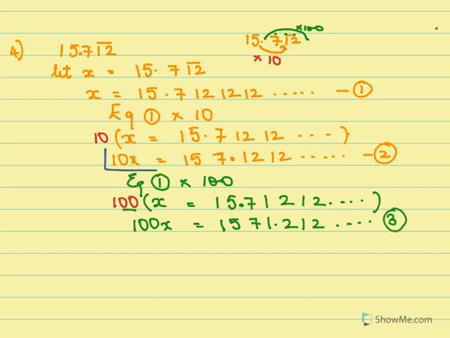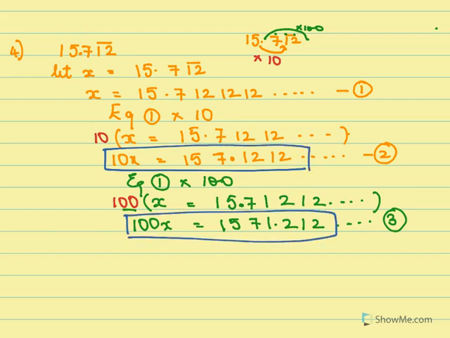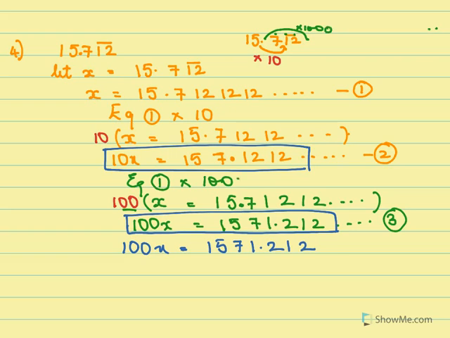Now I take both equations, equation 2 and equation 3, and let me subtract. So I have 100x equal to 1571.212. Here it's wrong. I need to multiply by 1000. This has to be 1000, which means the decimal has to come here.